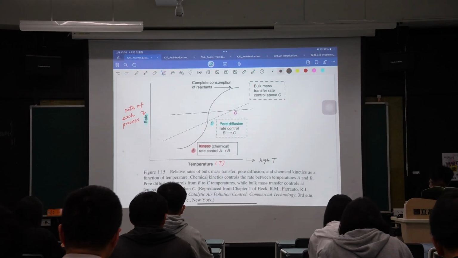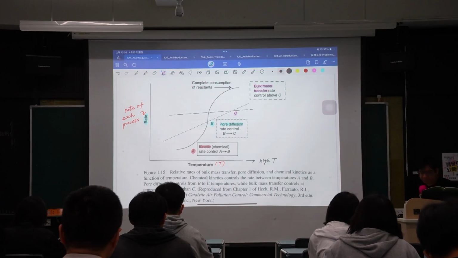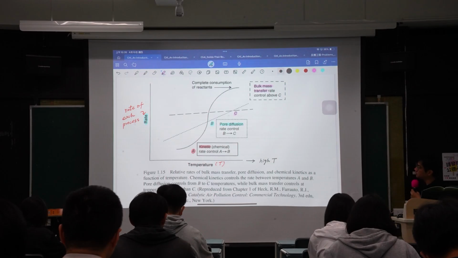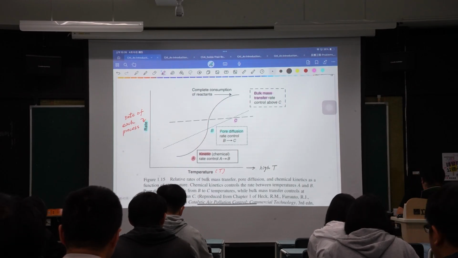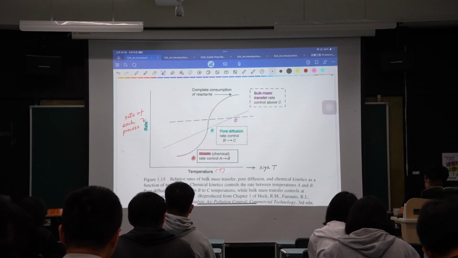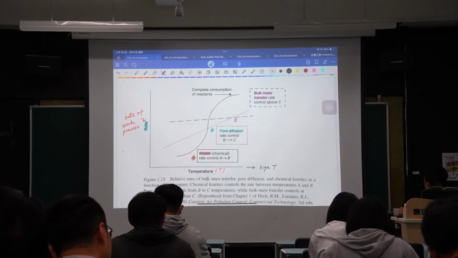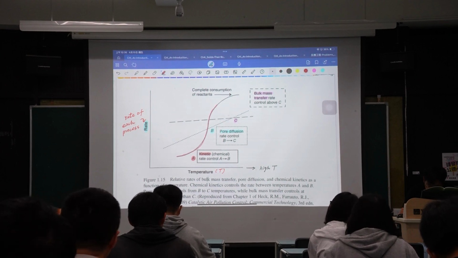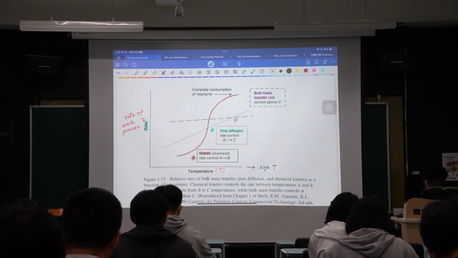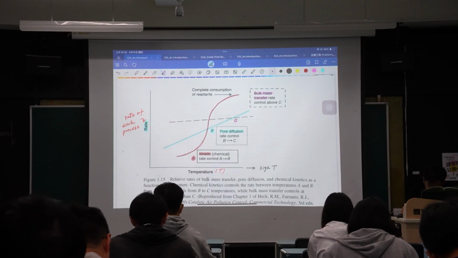C is mass transfer. So this curve is for kinetic, pore diffusion is this curve, and the C is the mass transfer curve.